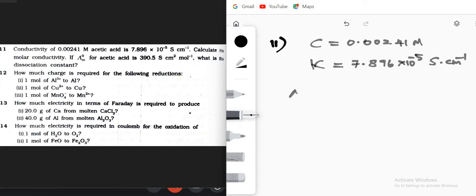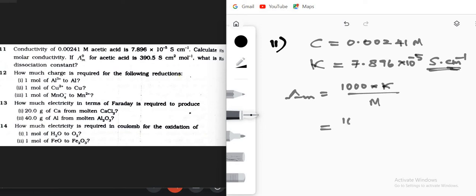You know very well, molar conductivity lambda m is equal to, see, kappa value is given in centimeter inverse. Whenever kappa is given in centimeter inverse, you must use this formula: 1000 should come in the numerator. 1000 kappa by molarity of the solution will give you molar conductivity.